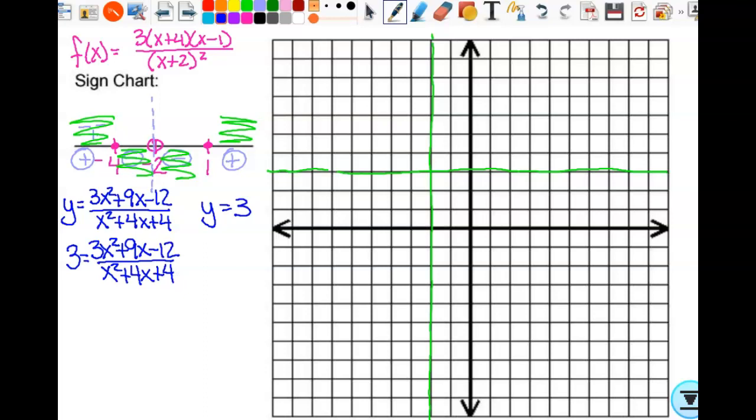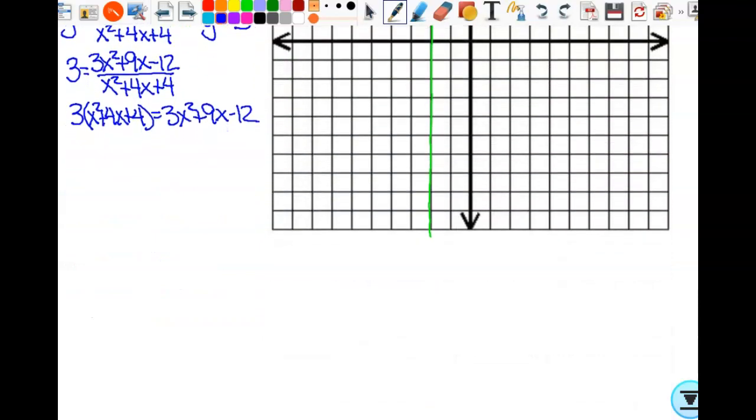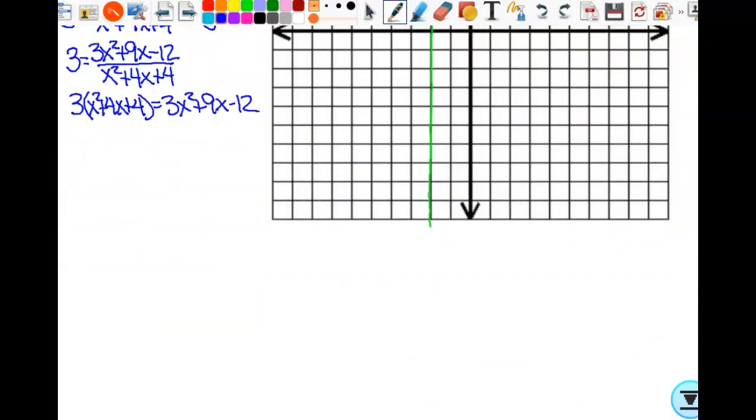Okay. Then just like all the rest, multiply both sides by the denominator, so I get 3 times x squared plus 4x plus 4 equals 3x squared plus 9x minus 12. Then I'm going to distribute this 3, so I get 3x squared plus 12x plus 12 equals 3x squared plus 9x minus 12.